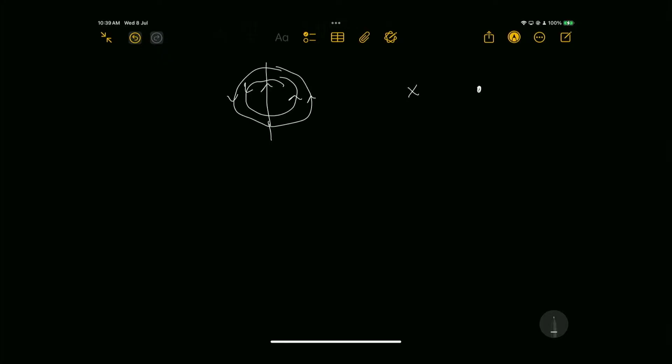So if we draw the magnetic field around a wire that carries current into the page, would that be clockwise or anti-clockwise? Clockwise. Right, it would be clockwise.